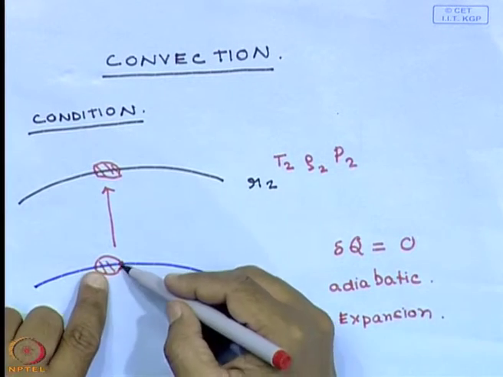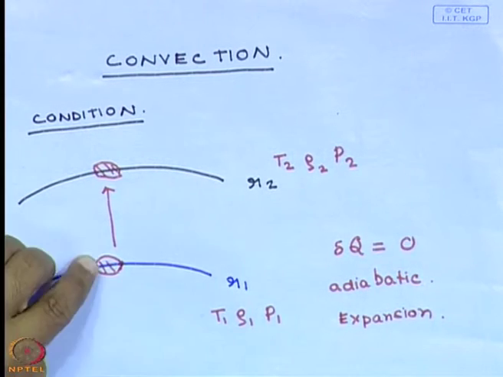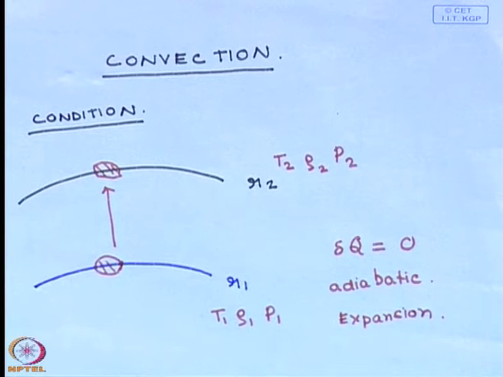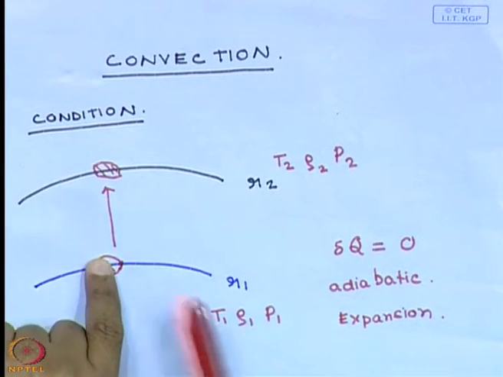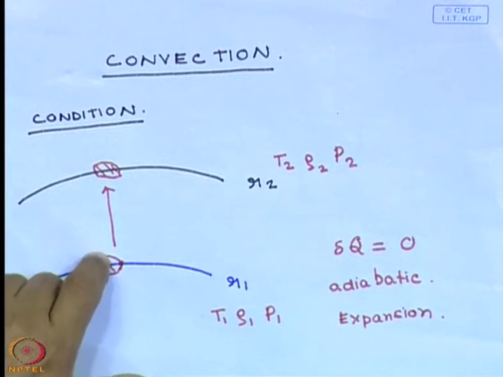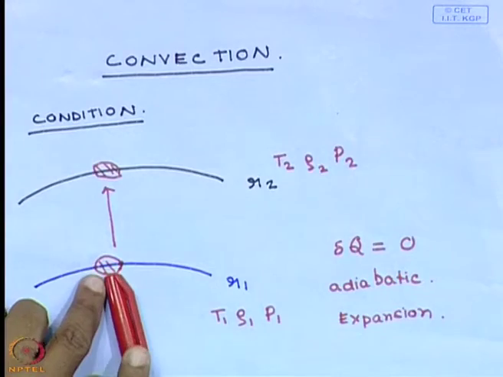This motion is going to be adiabatic, the bubble is going to undergo adiabatic expansion. As a consequence of this adiabatic expansion to pressure P2, its temperature is going to fall, it is going to be cooler than what it was earlier.